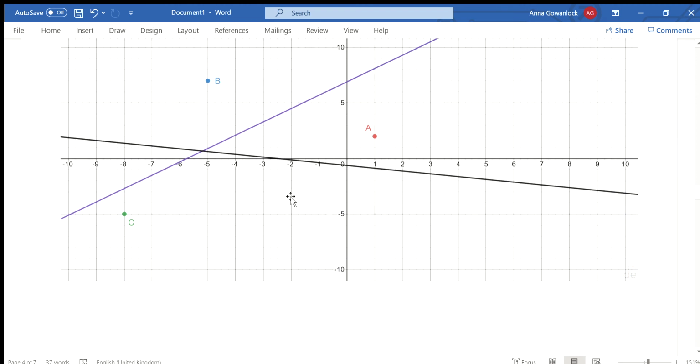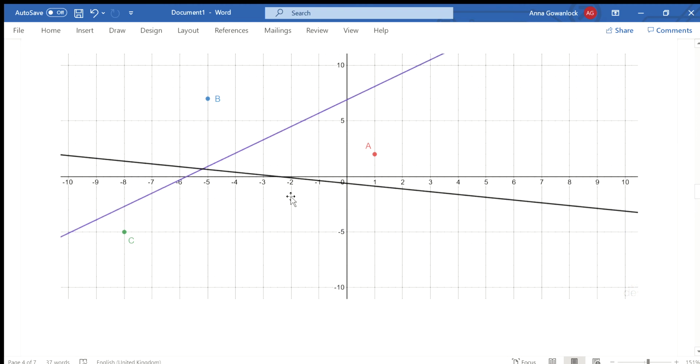Now, this is where it gets confusing. So the purple line is the perpendicular bisector between A and B. But this purple line now crosses down here as well. And this is intruding now in the part that's between B and C. So we actually want to get rid of that bit of the purple line.